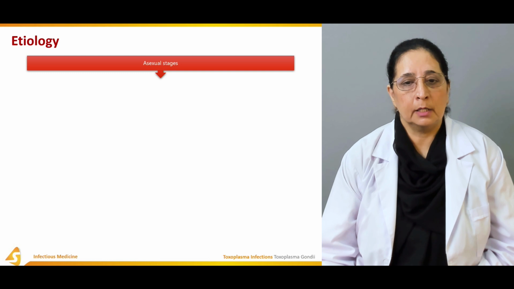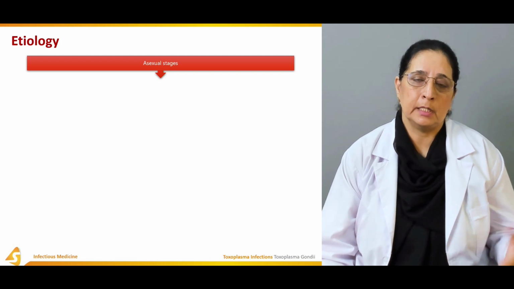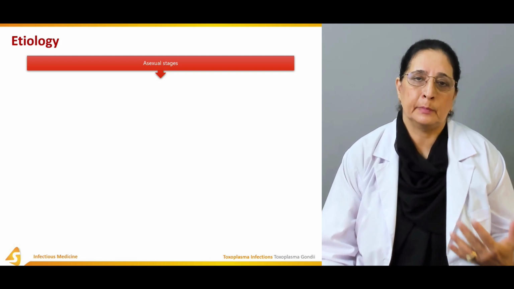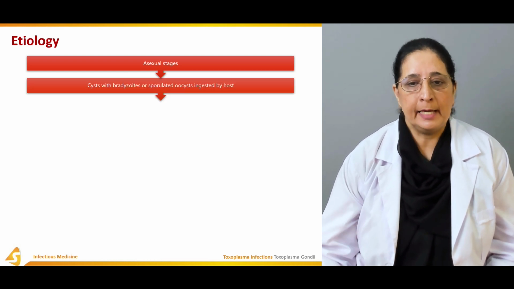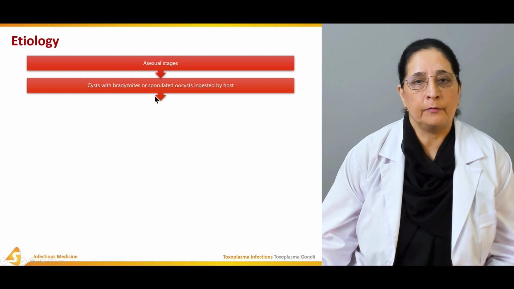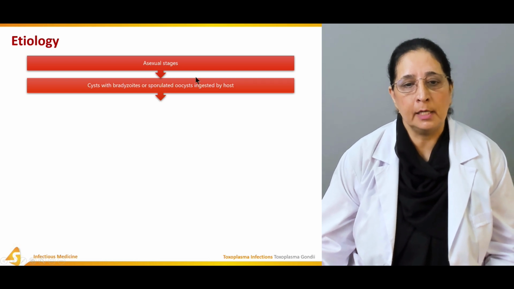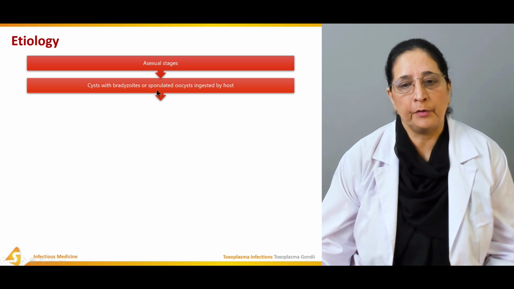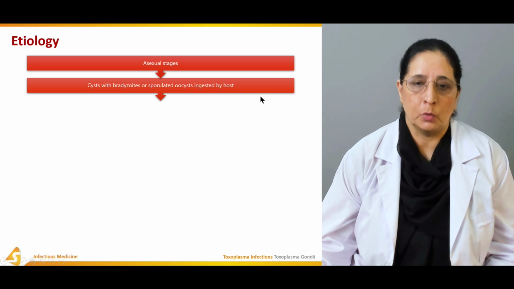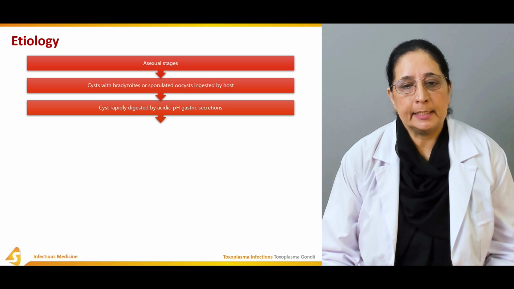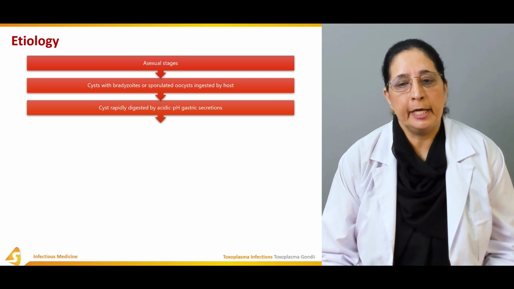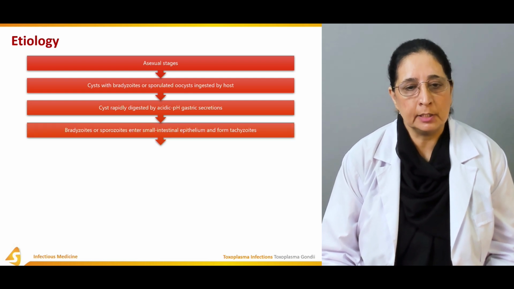Cause of toxoplasmosis and how it spreads: we have asexual stages. From the asexual stages of Toxoplasma gondii, cysts with bradyzoites or sporulated oocysts are ingested by the host. Cysts are rapidly digested by the acidic pH of gastric secretions.